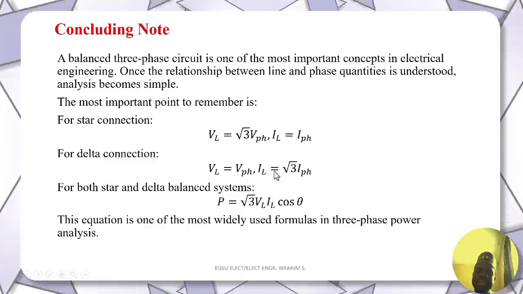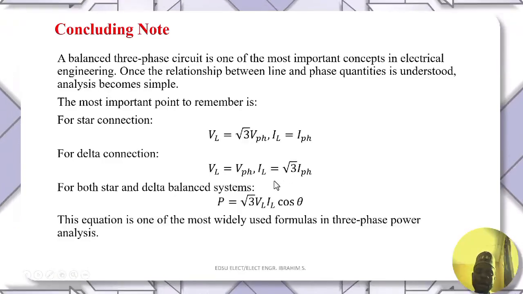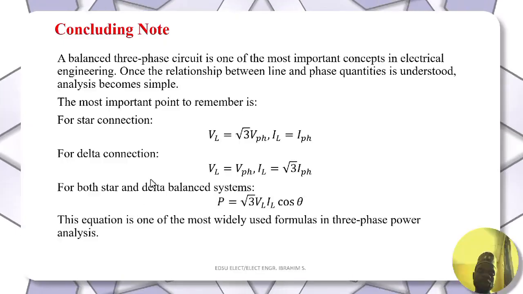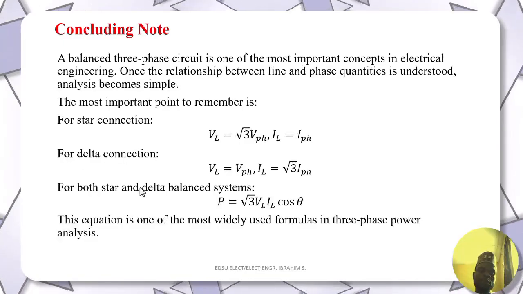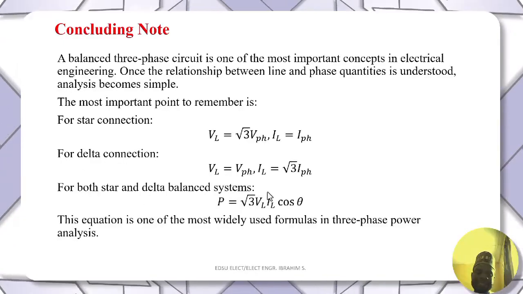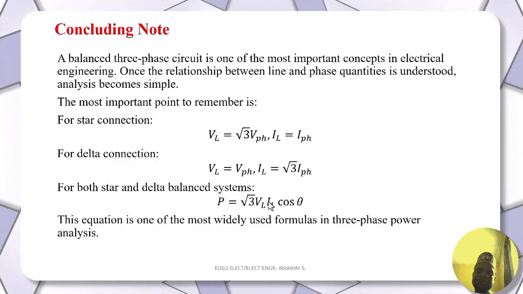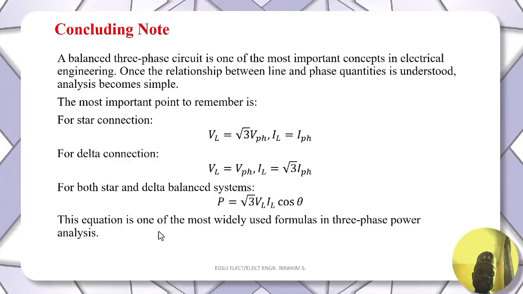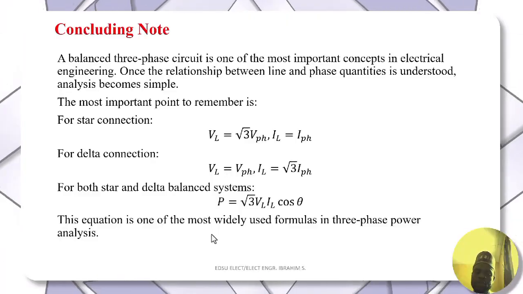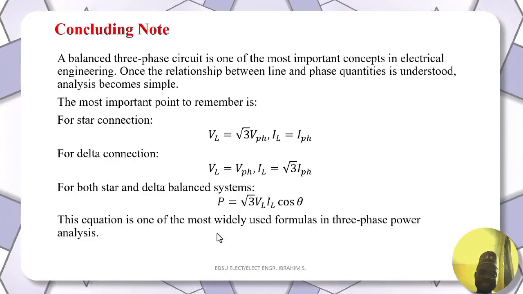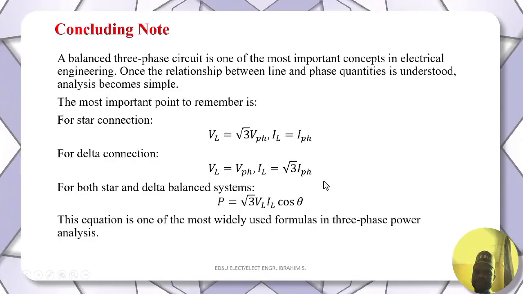However, our I line is root 3 of the I phase. So for both star and delta balanced systems, our active power or real power is root 3 V_L I_L cos theta. This equation is one of the most widely used formulas in three-phase power system analysis.